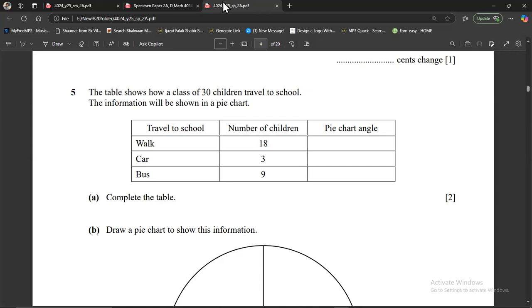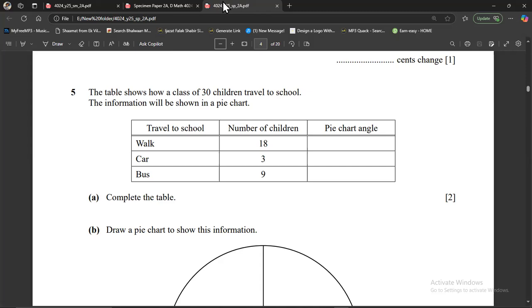The children who go by walking, there are 18 children. The children who go to school by car, there are 3 children. And the children who go by bus, there are 9 children. We have to calculate how much angle each category will subtend in the pie chart.